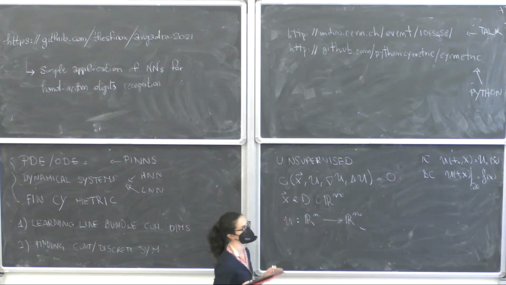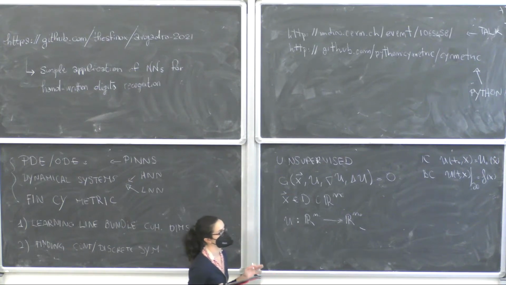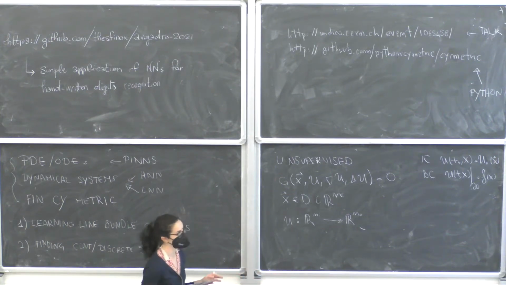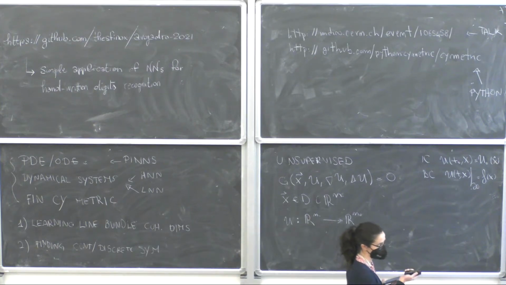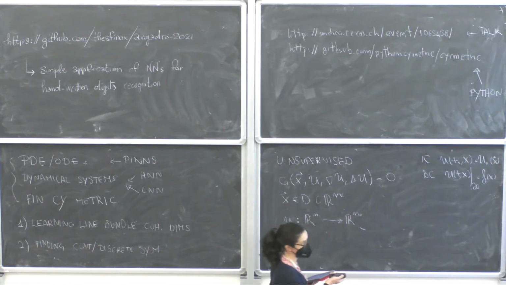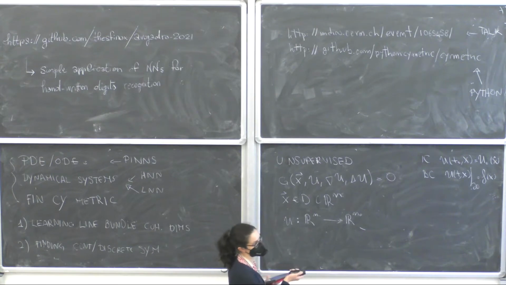So first of all, when we need to train a network model, we need to identify our training sample. And in this case, as the problem is unsupervised, we are actually the ones who are going to construct the training set. So for instance, think about this problem of a string attached with fixed boundaries.